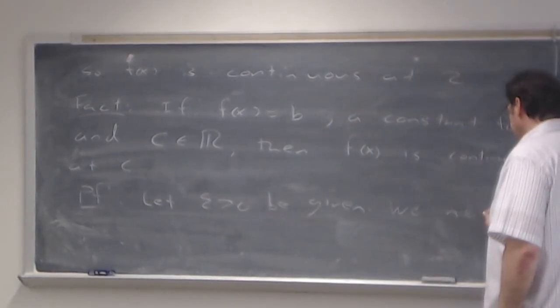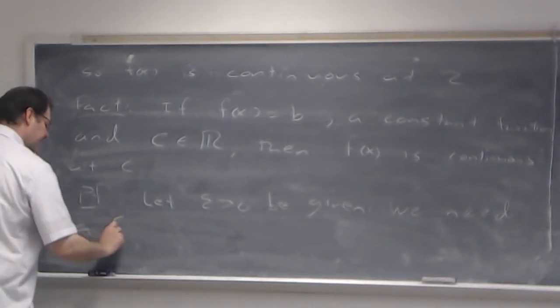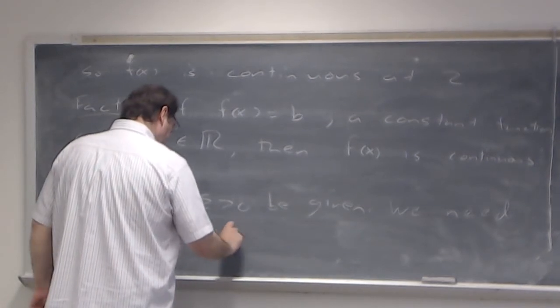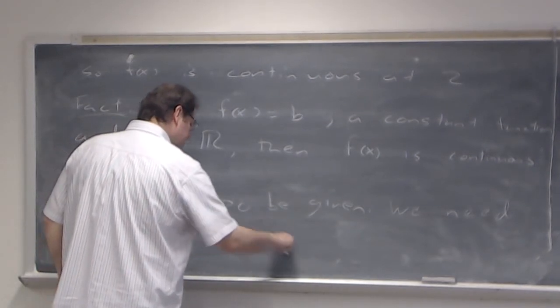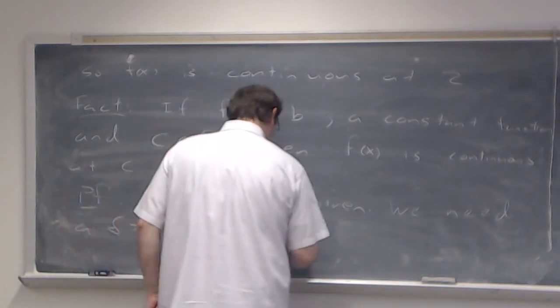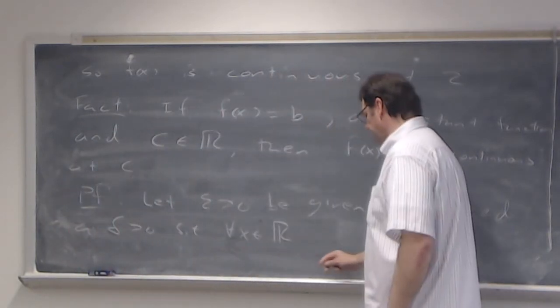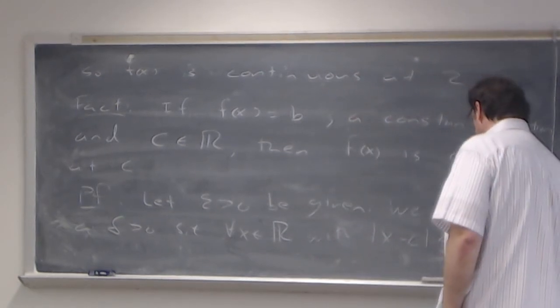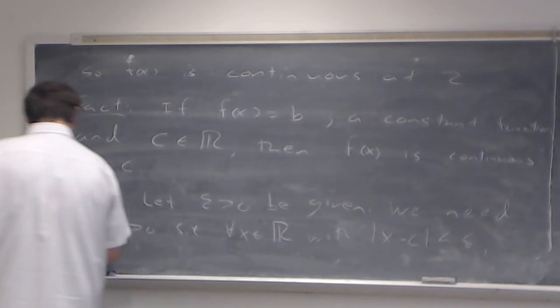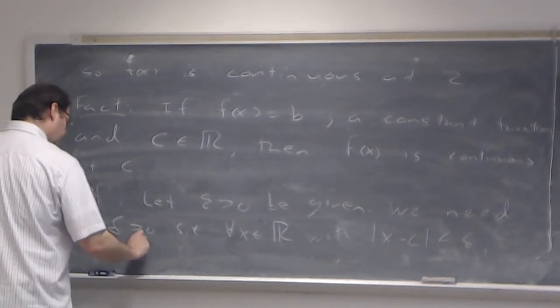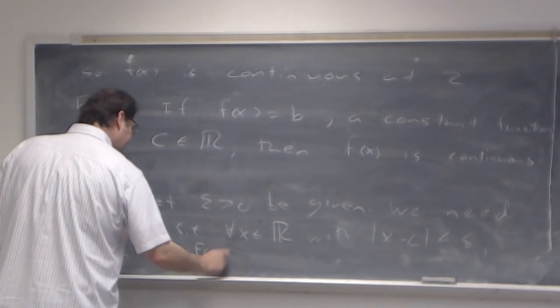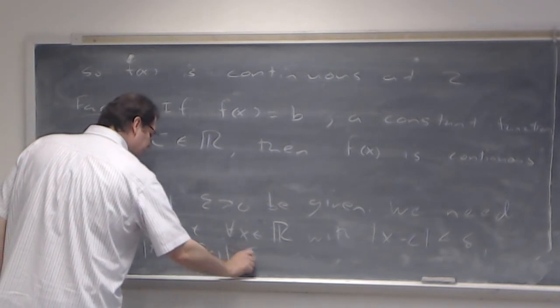We need a delta greater than 0, such that for all x element of R in this case, that's what A is, the domain of the constant function, with the absolute value of x minus c being less than delta, then the absolute value of f of x minus f of c will be less than epsilon.